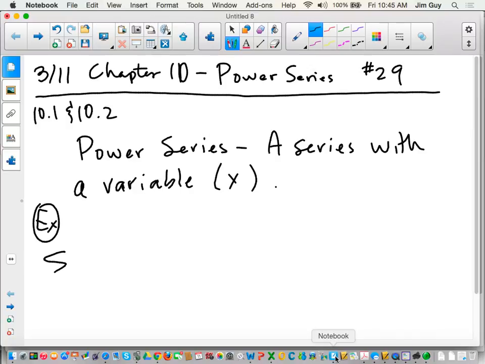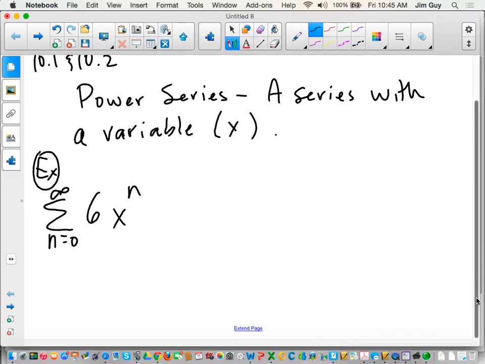So let's take the series, starting at 0 to infinity, of 6x to the n. Now, first of all, what kind of series is that? What'd you say? Geometric, right? Yeah, geometric. This x value is just your r value, your ratio.